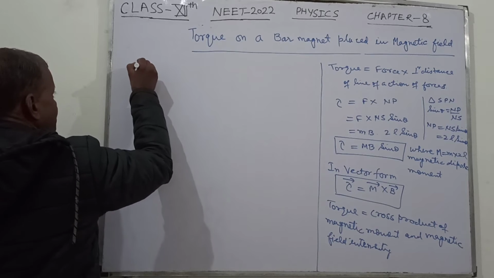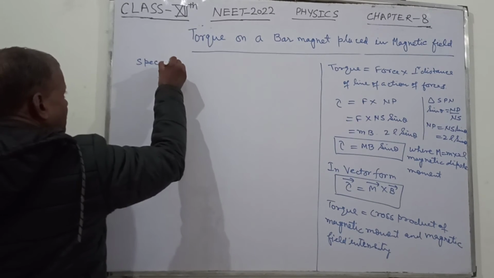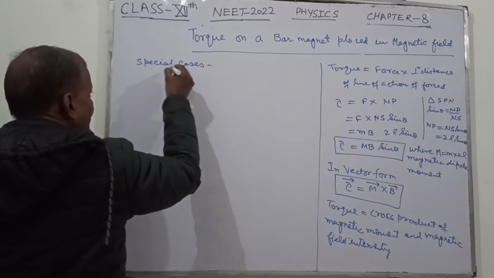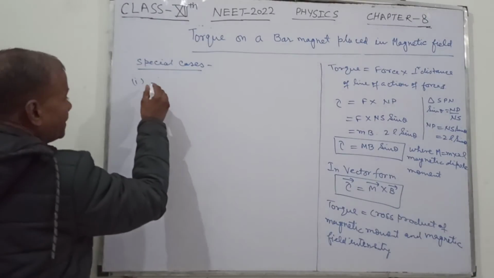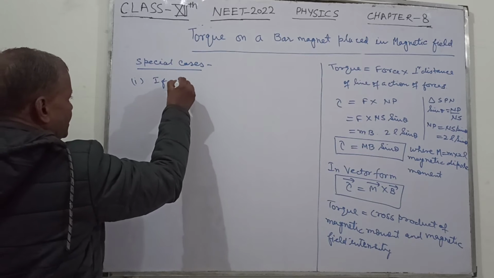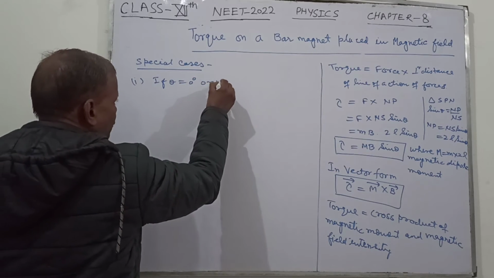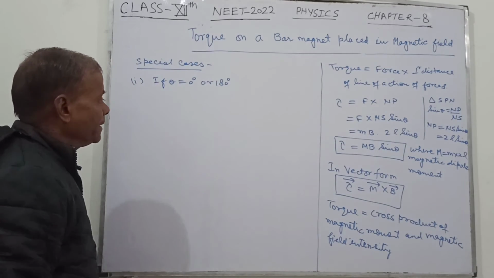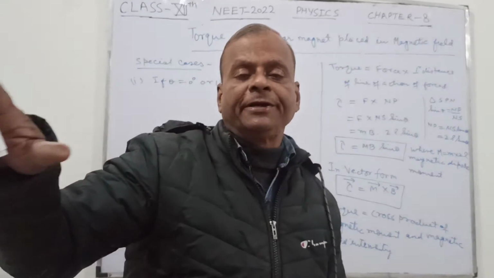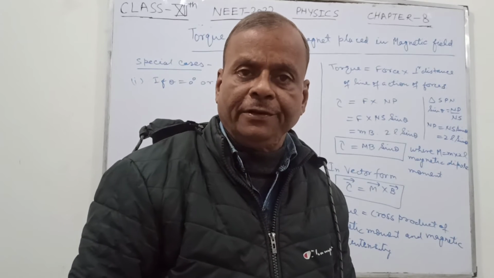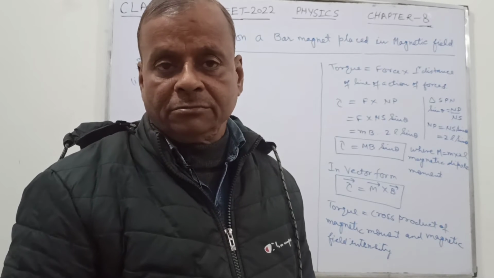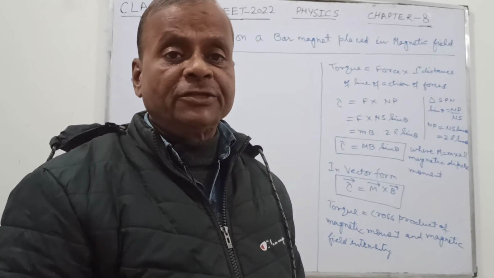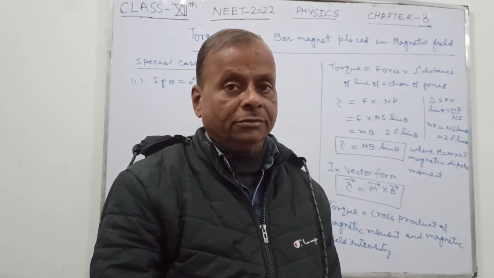So now some special cases. Now first, if theta equal to 0 degree or 180 degree, it means the magnet is parallel to the magnetic field or anti-parallel to the magnetic field. The direction of magnetic moment is from south to north.